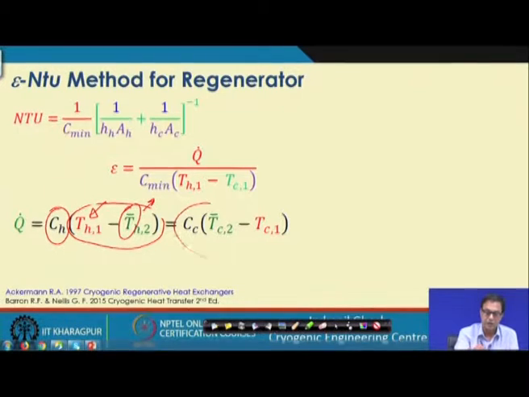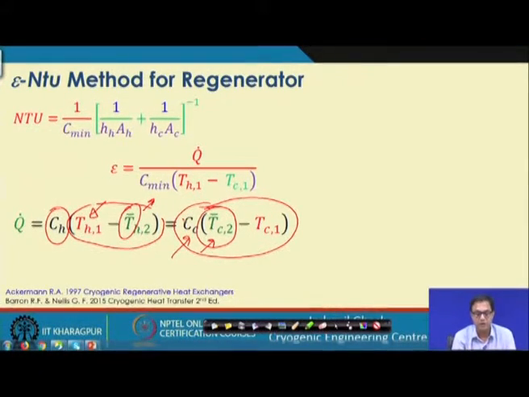Similarly, in case of the cold fluid, if it is the minimum capacity fluid, we will take CC as the minimum capacity fluid, and in that case we define the average exit temperature of the cold fluid, whereas TC1 is the entry temperature of the cold fluid. So, this is how we define the hot and cold average temperatures.